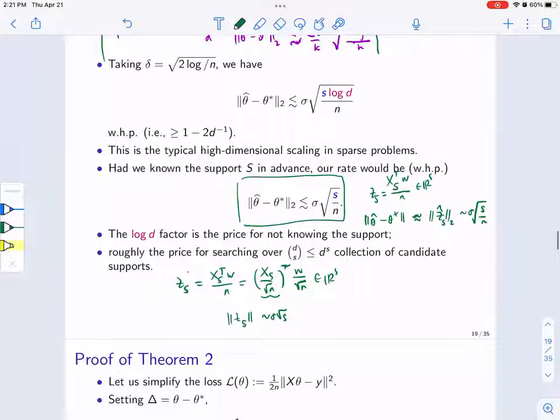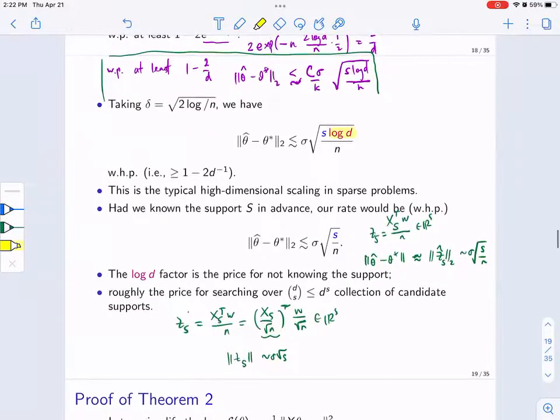And what you get here is instead something which is very close, but you pay a price of root log D. So that's the extra factor that you're paying because you don't know the support. Roughly speaking, this is the log of the cardinality of the search space, which is D choose S. So this gives you some intuition about what is the best achievable case.